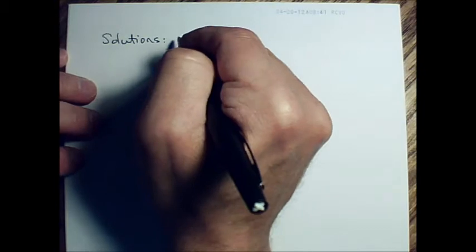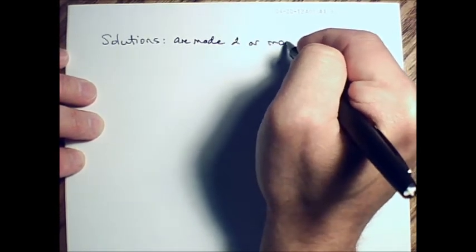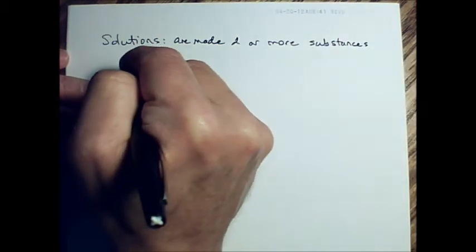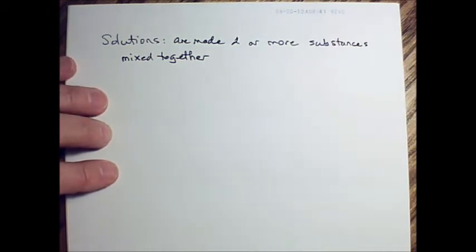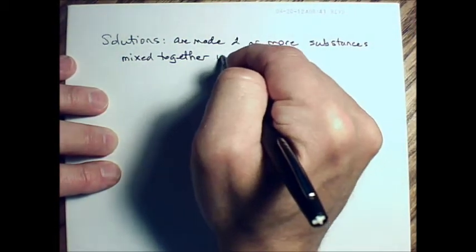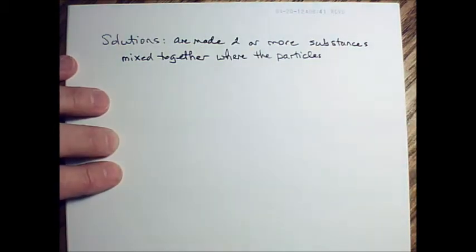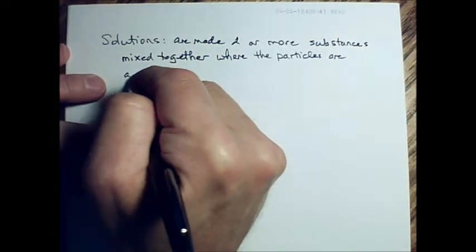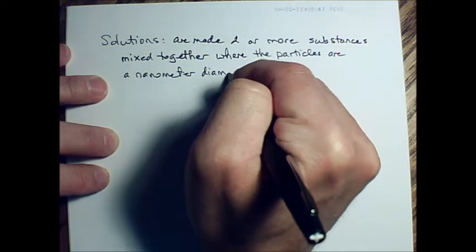So solutions are made of two or more substances mixed together where the particles, so we just finished a unit on structural particles that we're talking about here, are a nanometer diameter or smaller.